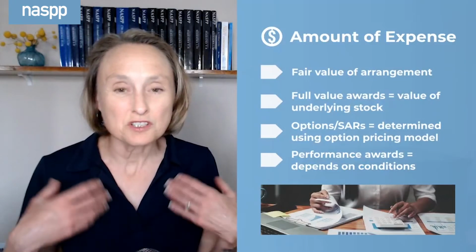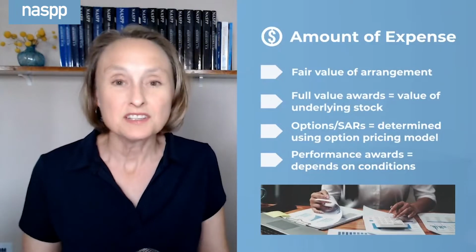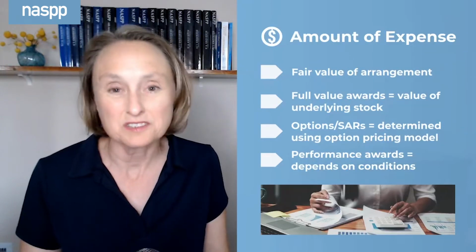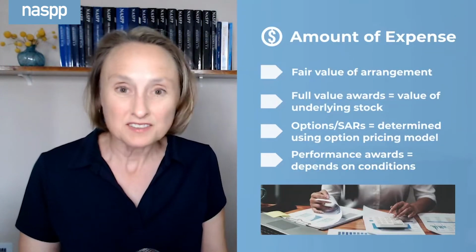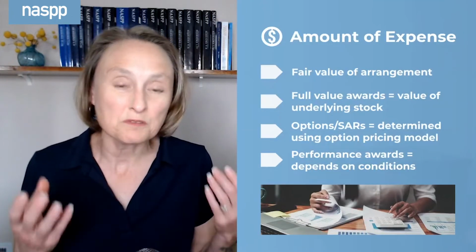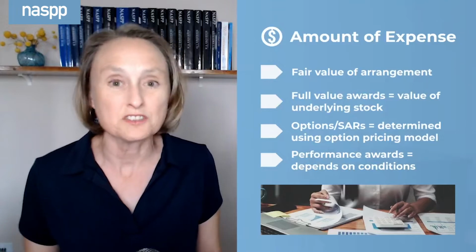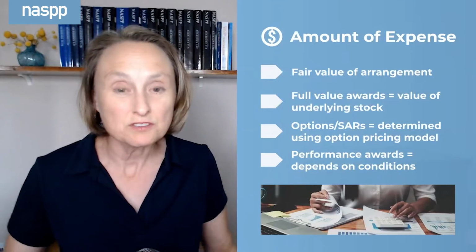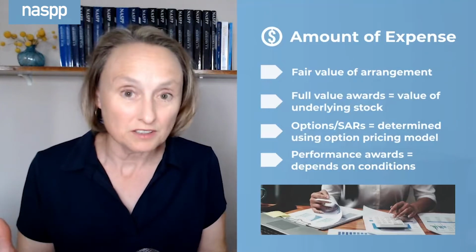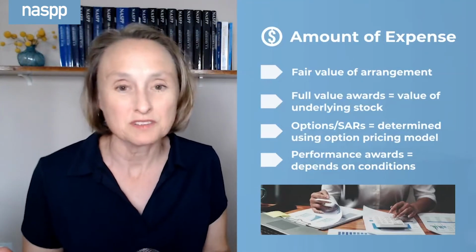Once we have determined our measurement date, then the next step is to determine the amount of expense the company needs to recognize. Under ASC 718, the company recognizes an expense equal to the fair value of the arrangement. The fair value is just the amount a willing buyer would pay a willing seller to acquire that arrangement.